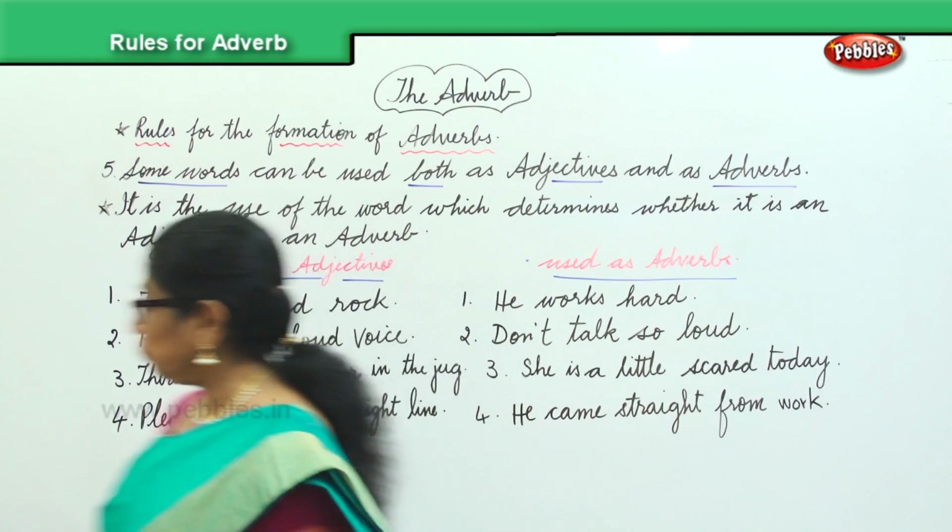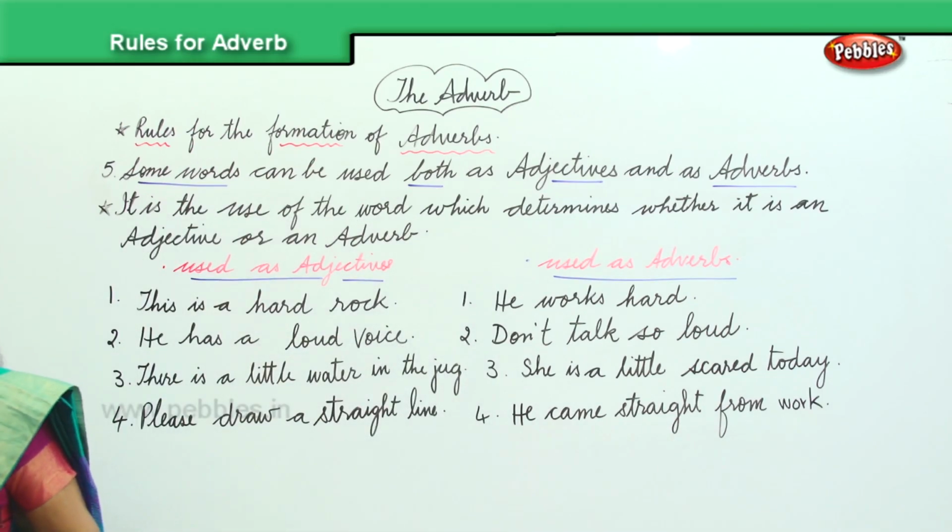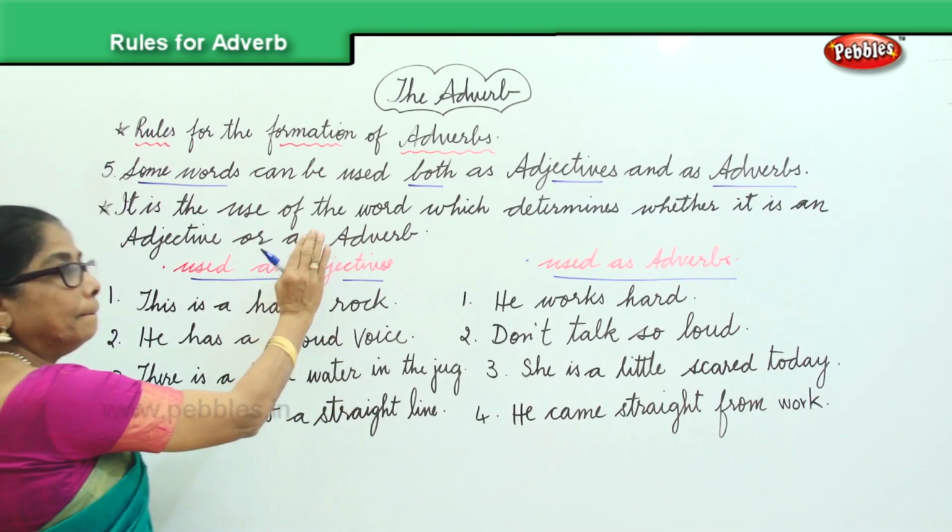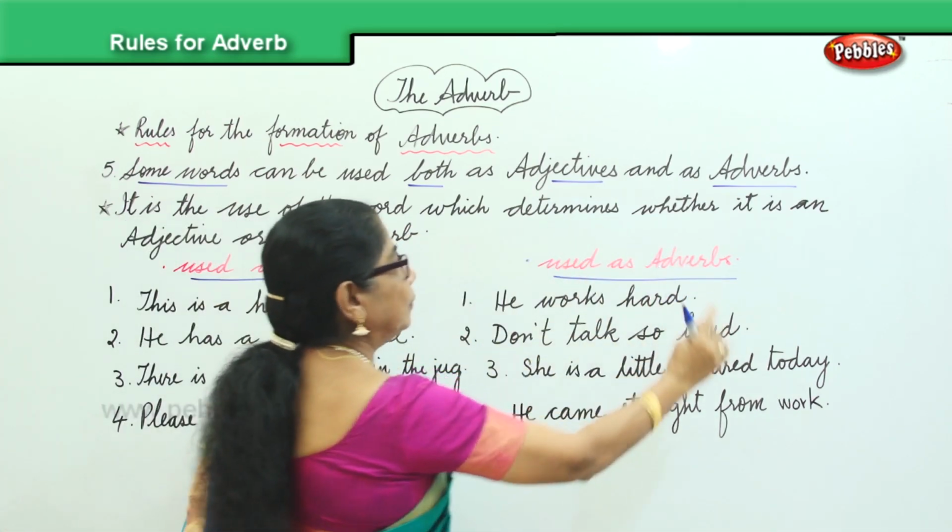Okay, now we are looking at the fifth and the last rule for the formation of adverbs. Some words can be used both as adjectives and adverbs.